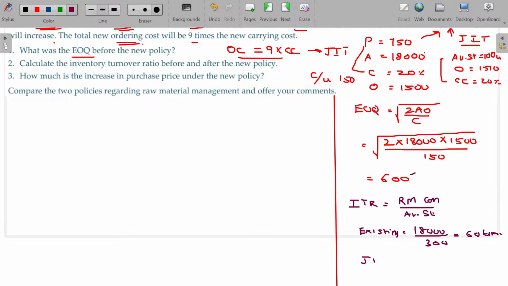In case of the just-in-time approach, the average inventory is 100 units, given here. Then the value is 180 times. Is that clear? Second question also answered.